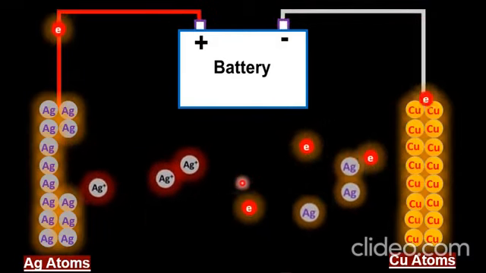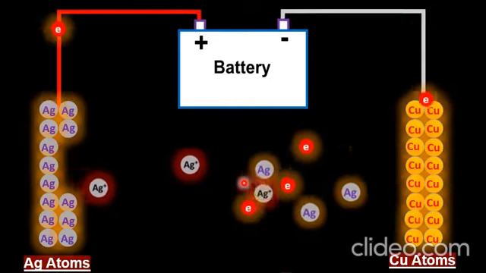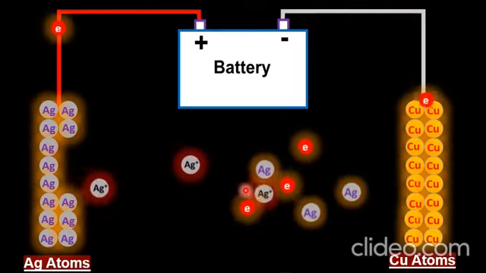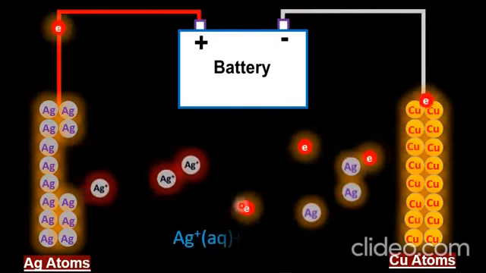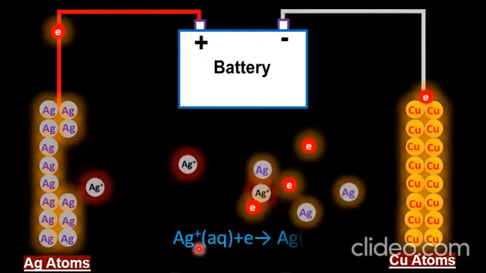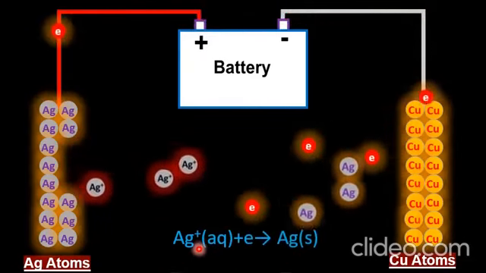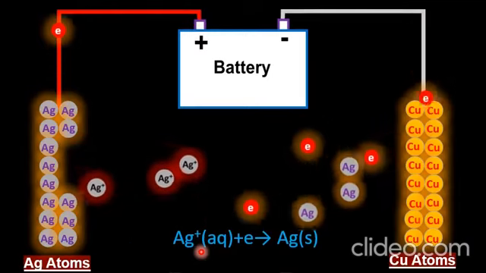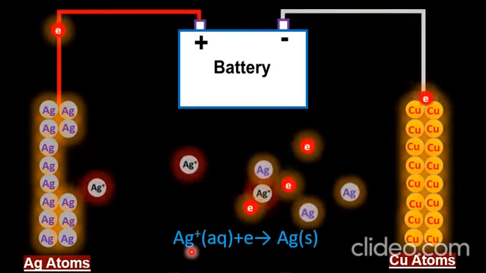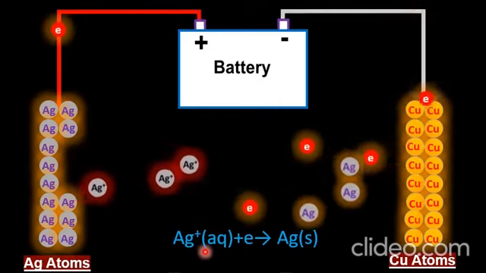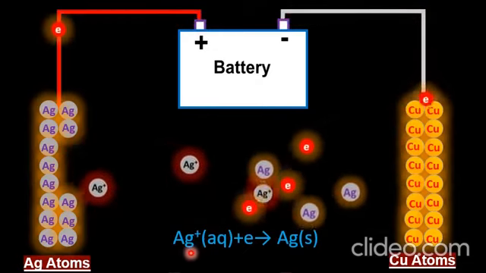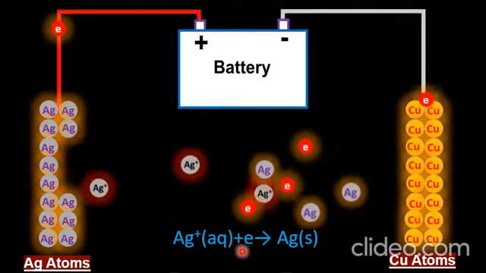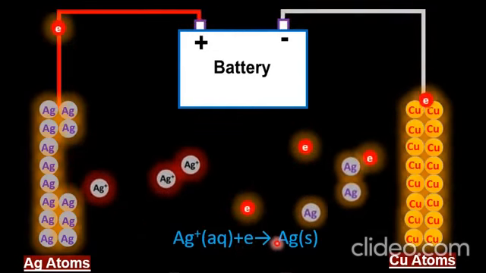If we want to write a reduction reaction, then we will have silver plus ions which are part of an aqueous solution. So their state is liquid. So in parentheses after the silver plus we will write aq for aqueous. Since silver ions are gaining an electron, we will write plus electron and then an arrow after that.